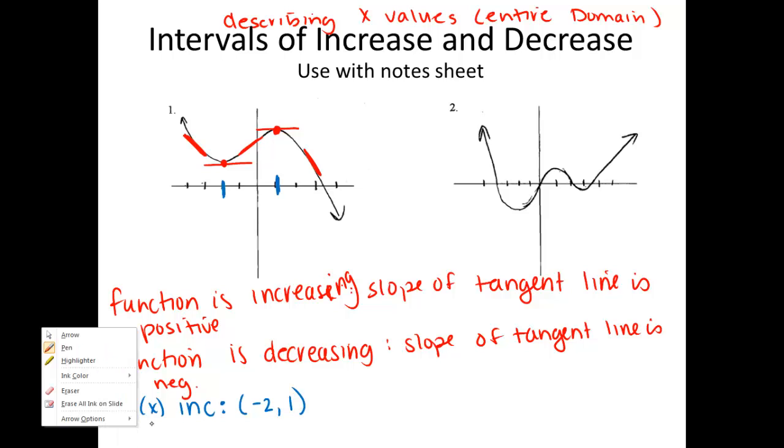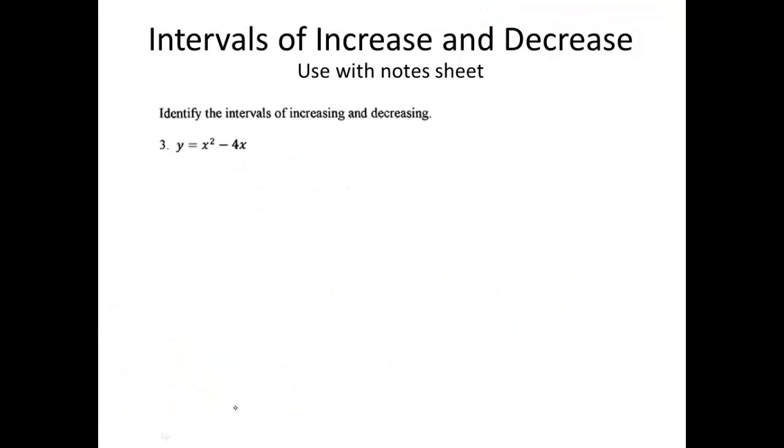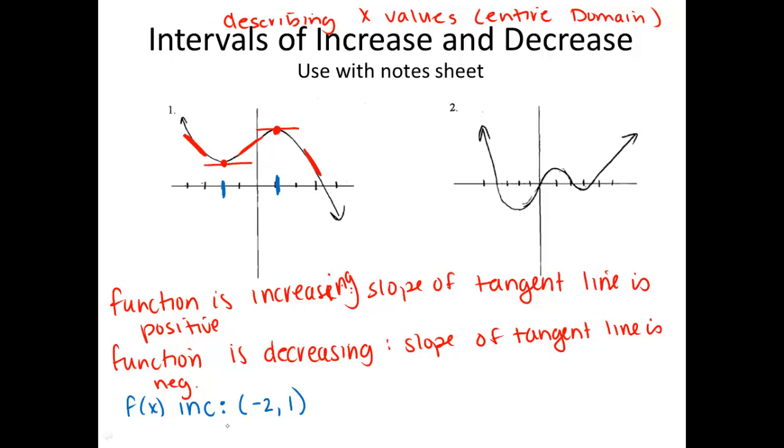Where is f of x decreasing? Well, it's decreasing from -infinity all the way to -2. But it's also decreasing from +1 to +infinity.